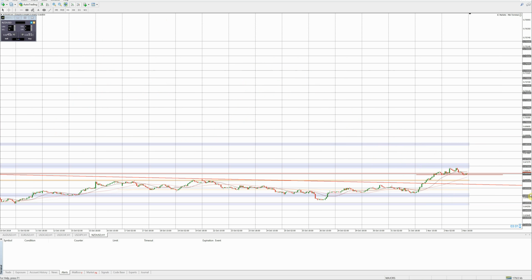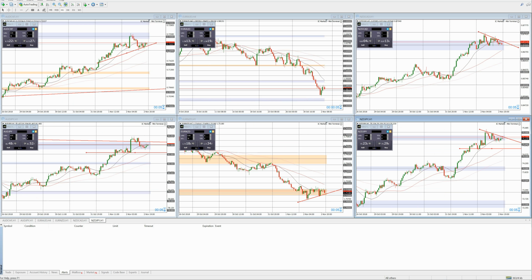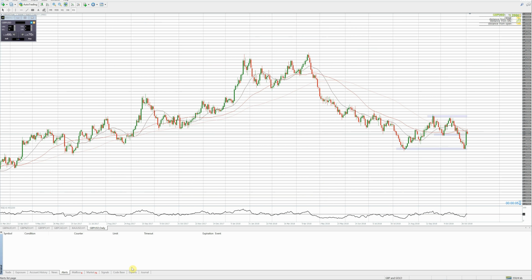Right, let's go to the pound US dollar. The pound US dollar has been in a downtrend for a while, but it's now consolidating in a wide range from around 1.27 to around 1.33 level.